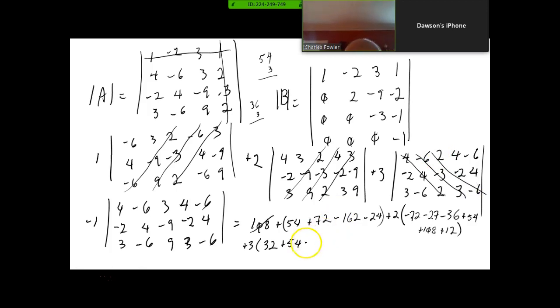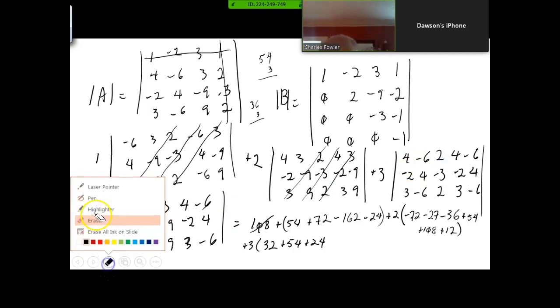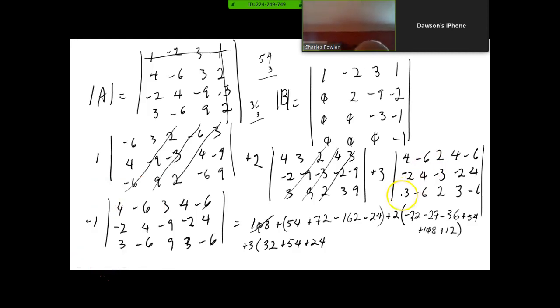Times 6 is 24. I can't believe it. Okay. Up diagonal, minus 24, right? So that's going to wipe out the plus 24.